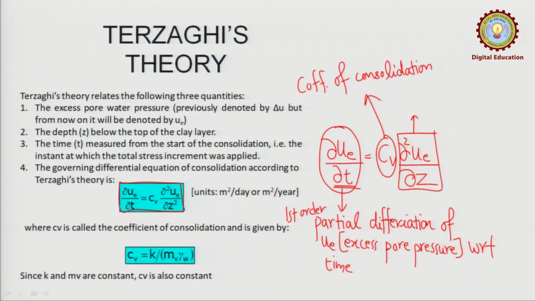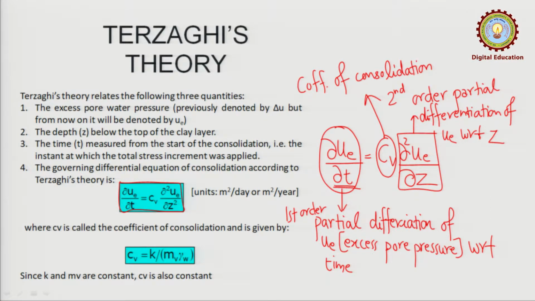This is the second order partial differentiation of UE, the excess pore pressure, but this time with respect to Z. Z is the depth only. So, this is the actual formula which was given by Terzaghi after his rigorous experiments.